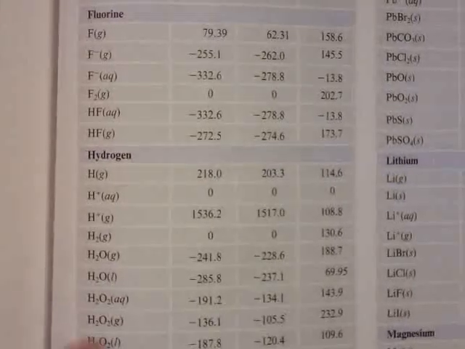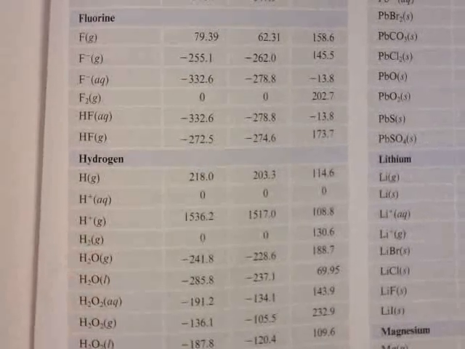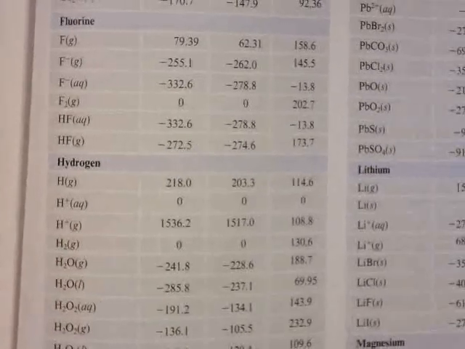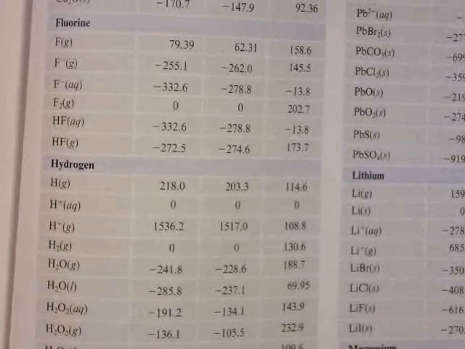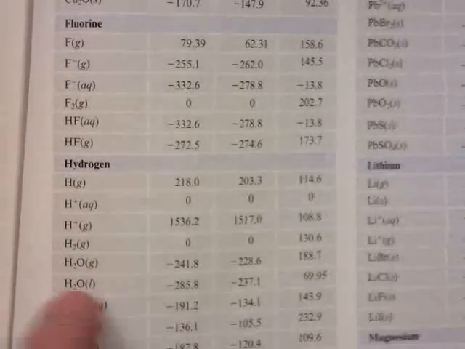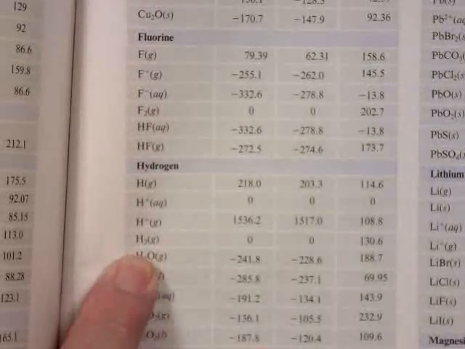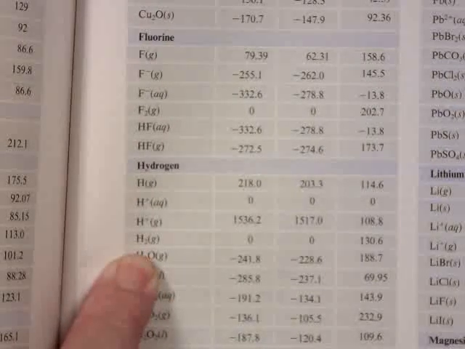But what you're looking at is I have to use the H2. In this form right here. How do I know that that is the form of the hydrogen that I'm supposed to use?